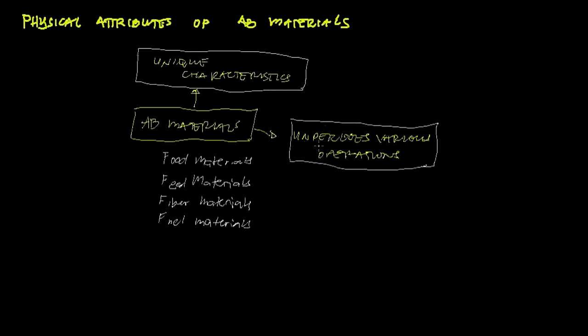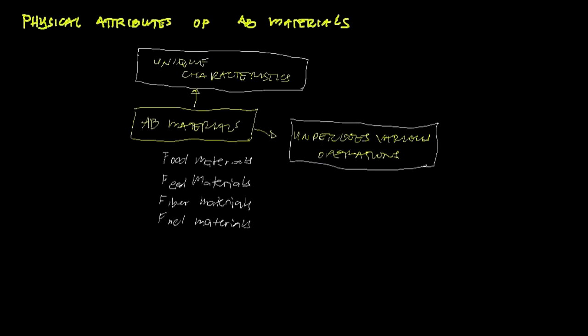Initially the characteristic has a larger particle size, but after we process it, for example we make flour from our rice, from those larger particles we have a size reduction.